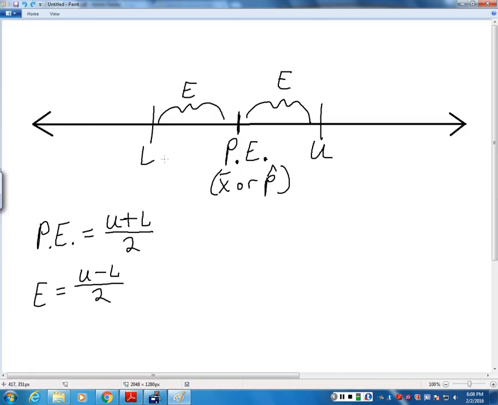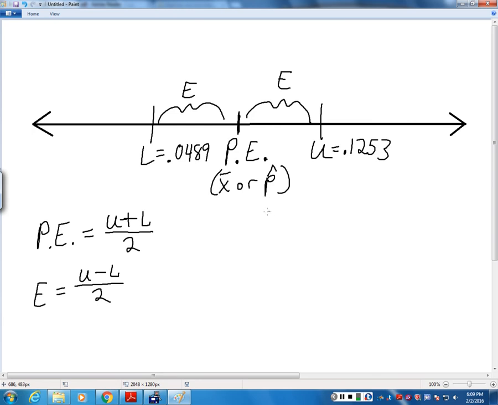So for this example, my lower bound is 0.0489 and my upper bound is 0.1253. The point estimate will be what's in the middle, and the margin of error is the distance from the point estimate to that upper bound, or the distance between the lower bound and the point estimate.